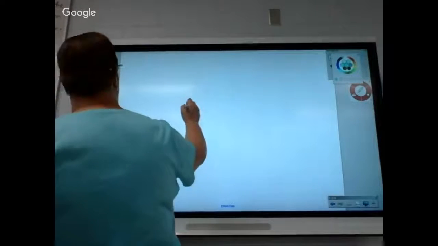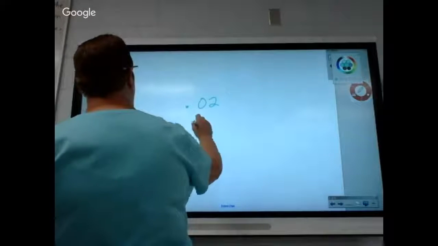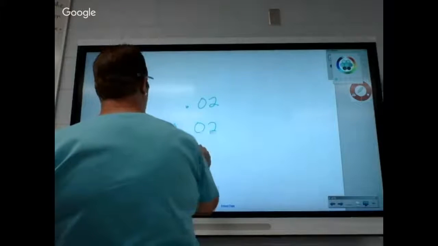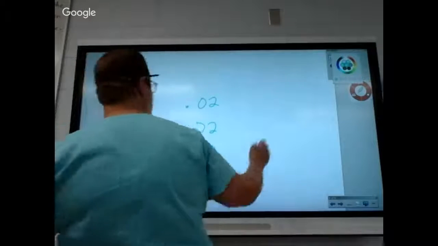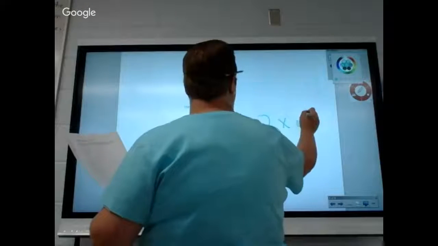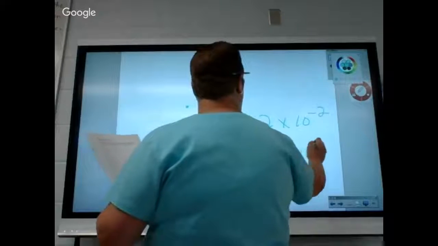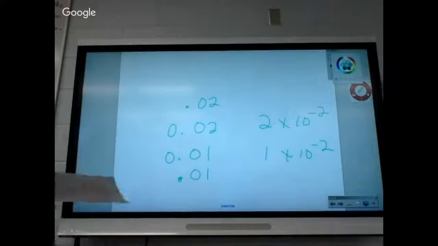Number 13, either 0.02, if you didn't round, 0.01, or if you wanted to put it in scientific notation, I would take any one of those for number 13 and give you credit.